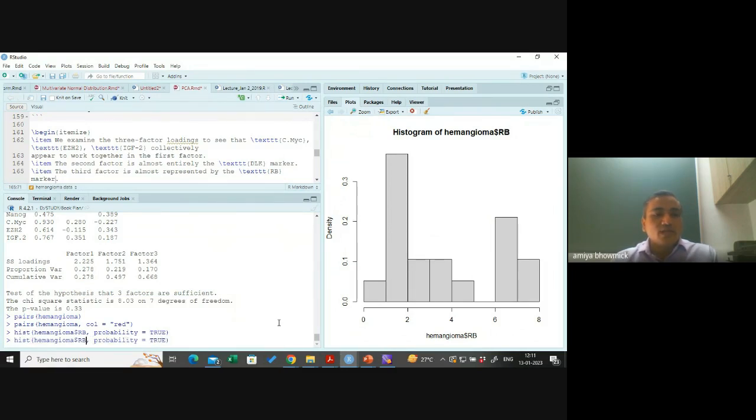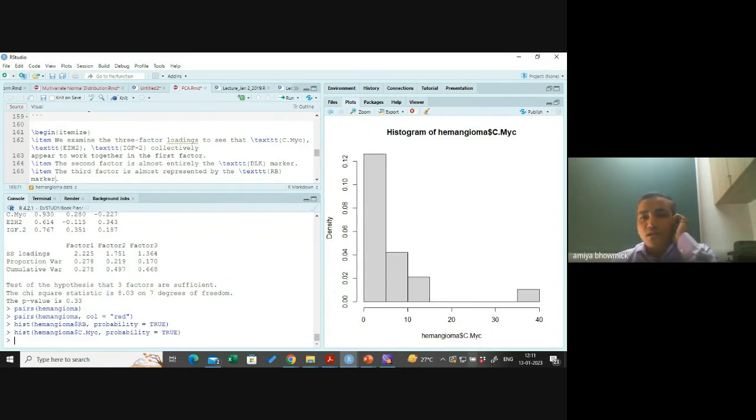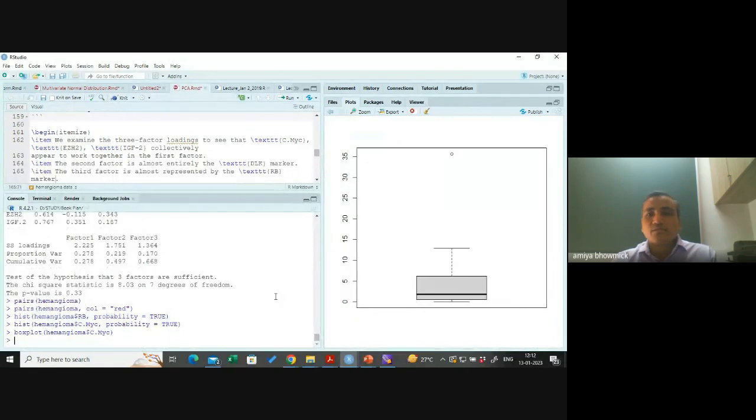You can consider some other predictors also, say CMYC. There seems to be something over here, right? So how do you perform a box plot over here? Right? We can easily understand there seems to be an outlier over here, right?